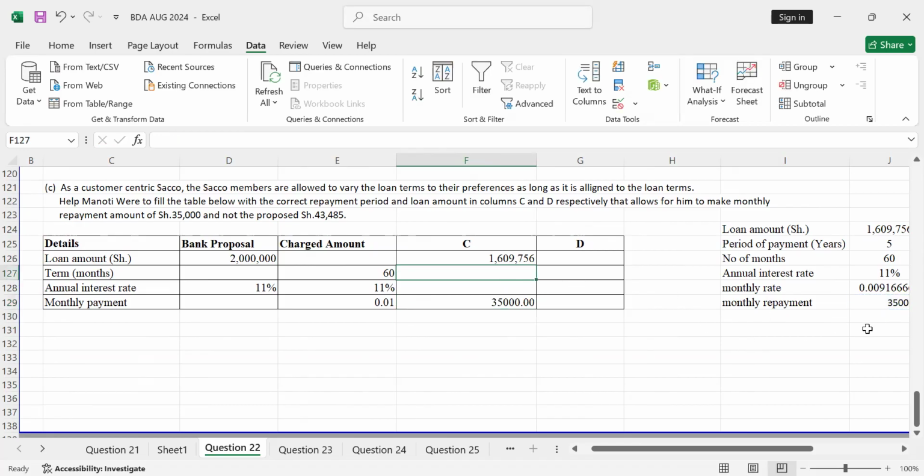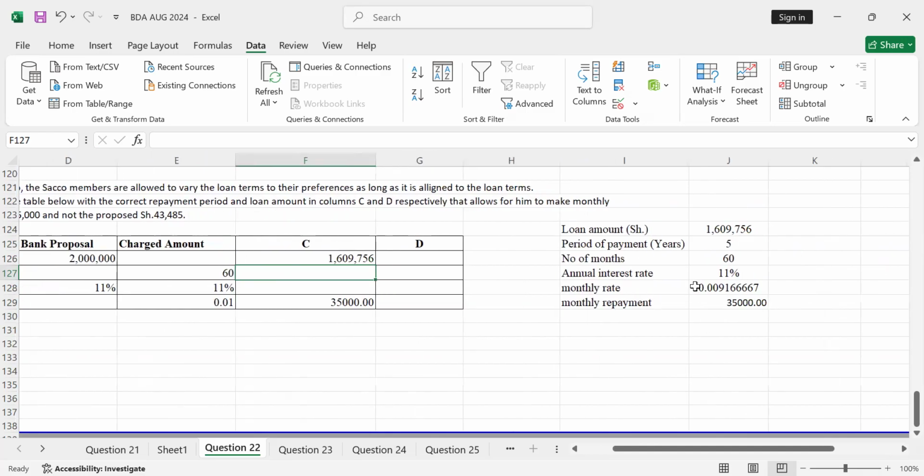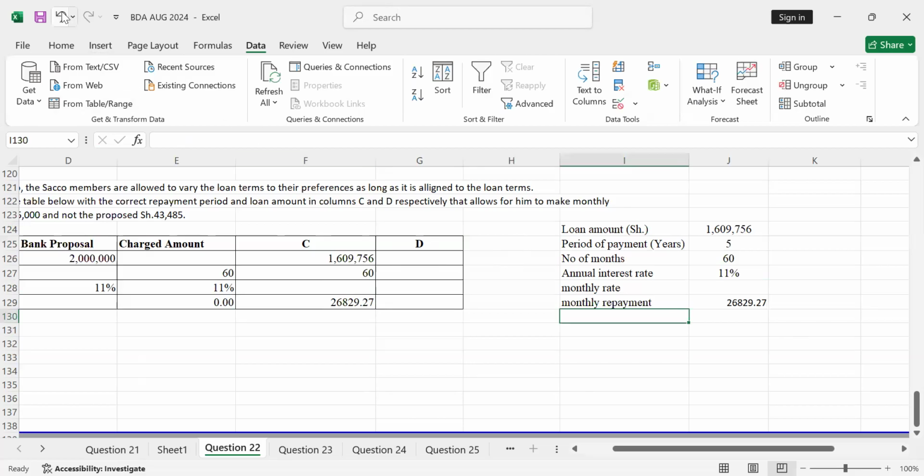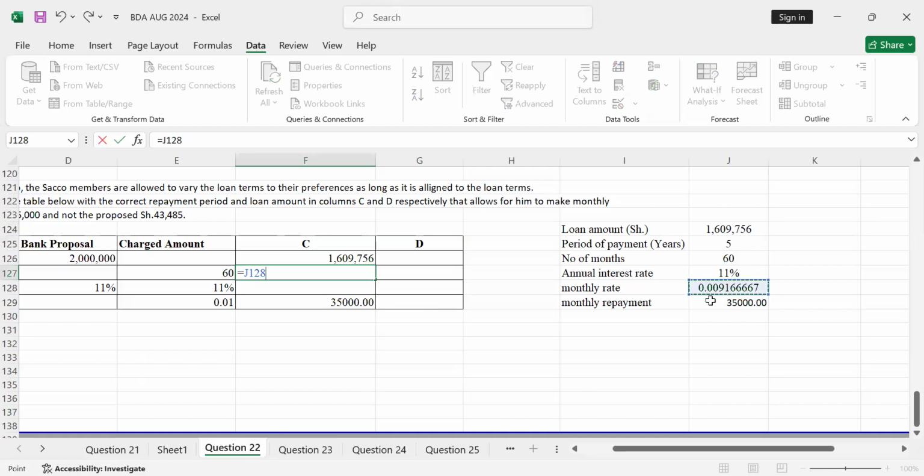The other thing is the period. The period here we've been given is also 60 days. So I will also have the period as 60 days. The interest rate will just be the same. Remember, this one is not changing, sorry, I've done it wrong. This amount is not changing. You just say equals this amount.